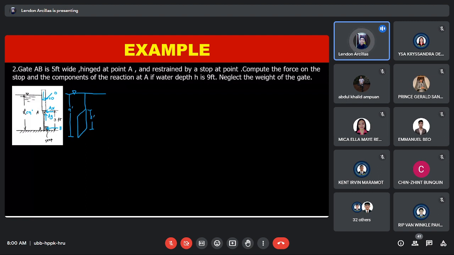And the width of the gate is 5 feet. So this is the centroid. Therefore, this is 6 feet. So first, we need to find the value of F. So mag-a-act ang F dito.